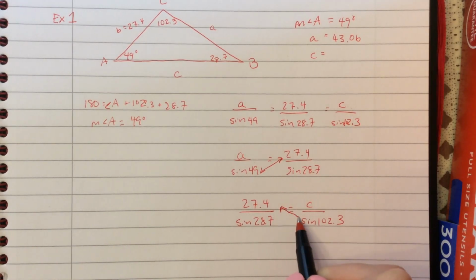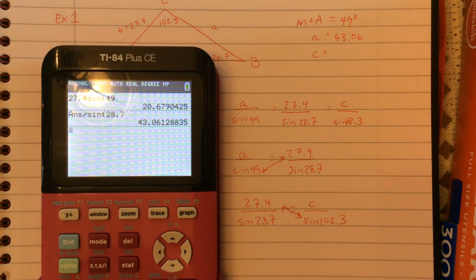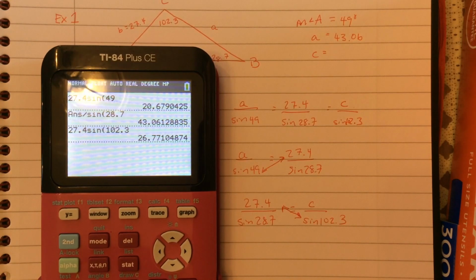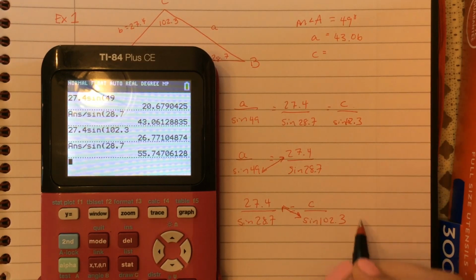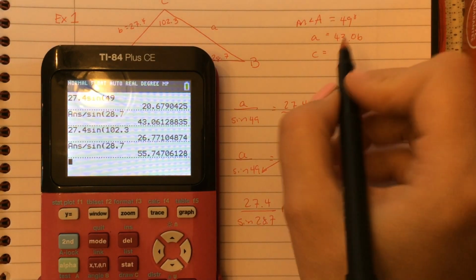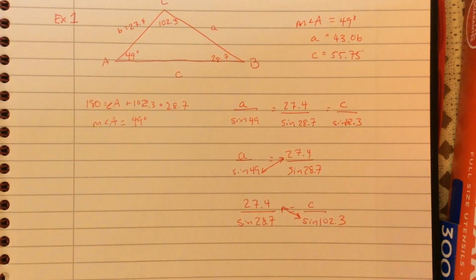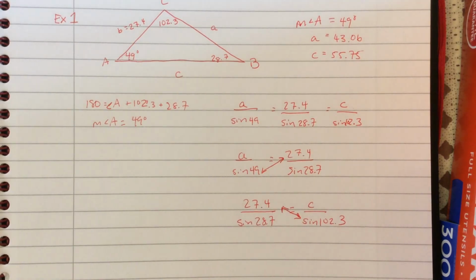So I'm going to cross multiply here and then divide by the sine of 28.7. So 27.4 times the sine of 102.3 divided by the sine of 28.7. I get 55.75. So we have solved all the angles and all the sides of this triangle.